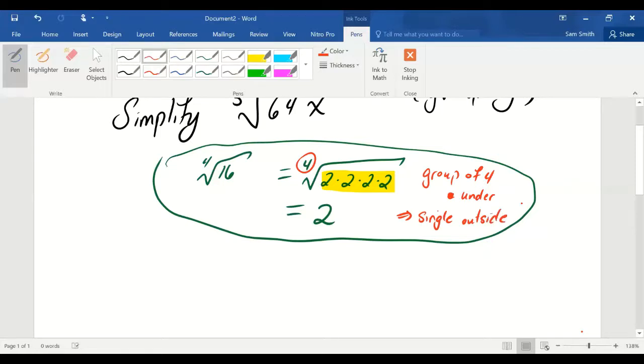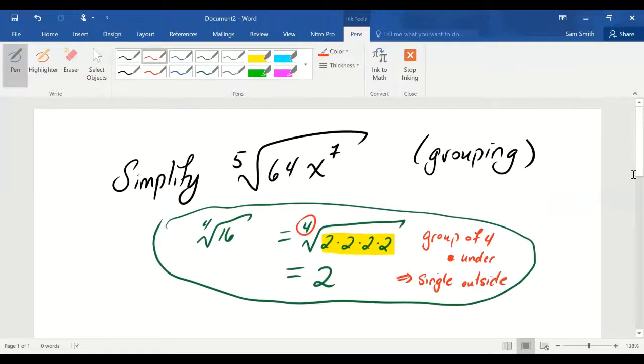So I'm going to use this principle that groups, where the number of factors in the group is equal to the index, that whole group can become a single copy of that number outside of the root. Okay, so let's apply that here.